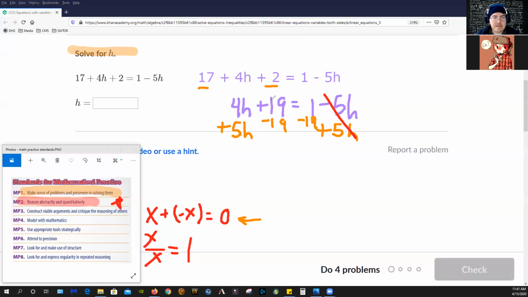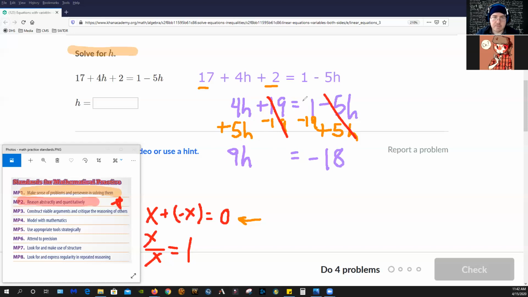Now 19 minus 19 is 0. So what do we end up with in our next line here? Well, 4H plus 5H, that's 9H, plus 0 equals, now 1 minus 19 is negative 18. And then negative 5H and 5H makes 0 again.